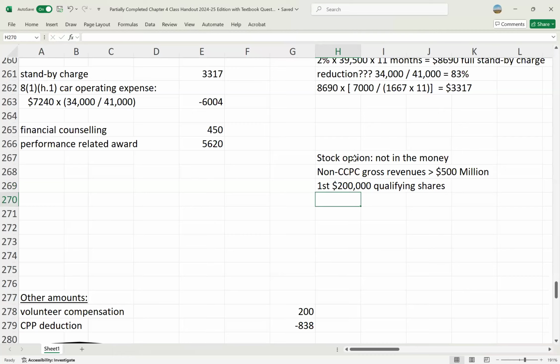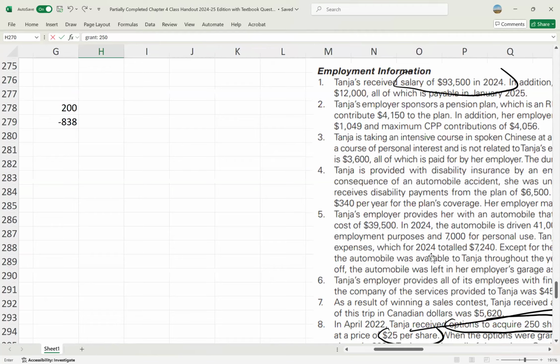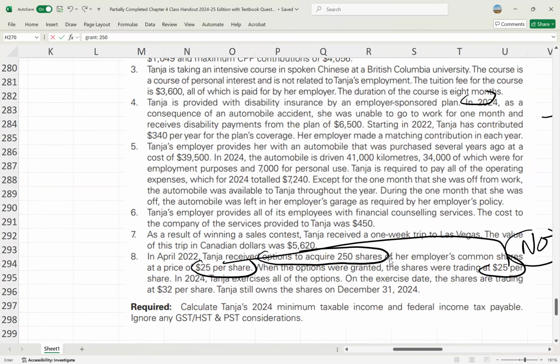So what does this 200,000 relate to? It relates to when the option was granted. So on the grant date, she was allowed to buy, is it 250? Let's see, 250 shares. And then we look at the fair market value. This one is a little bit confusing because the exercise price is the same as the fair market value.